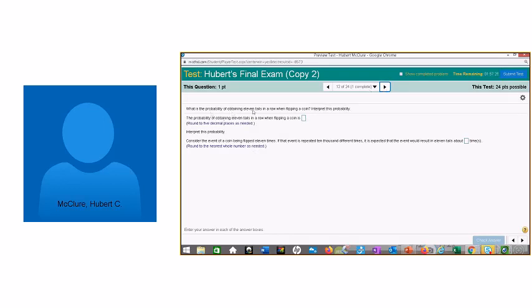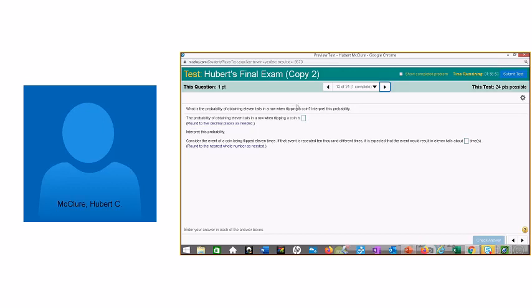What is the probability of obtaining 11 tails in a row when flipping a coin? 11 tails in a row. That's going to be very low. That'd be 1/2 raised to the 11th power.